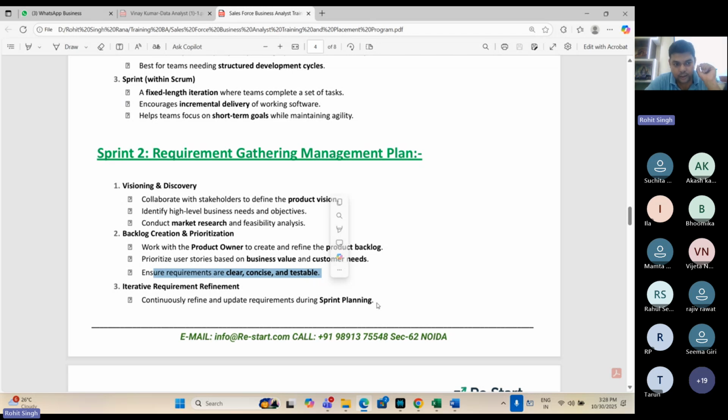I'm talking very specific requirements. Measurable: I am able to prioritize it, I am able to time estimate it, I am able to allocate it, I am able to delegate it. So it is measurable.